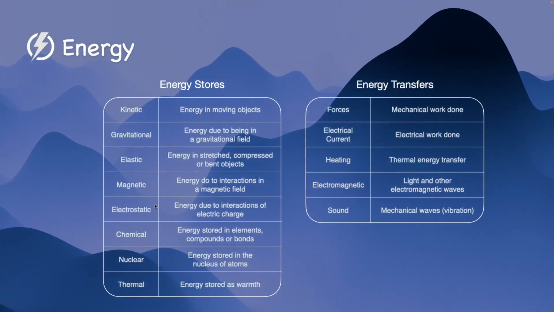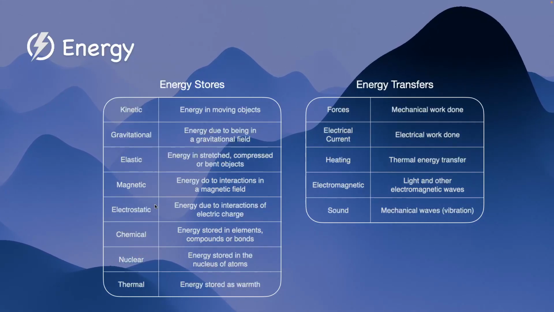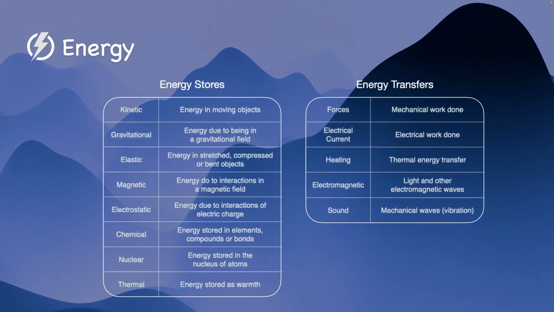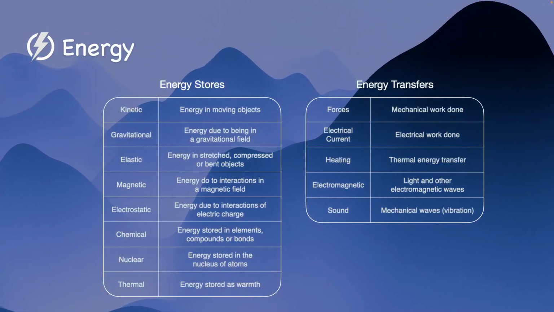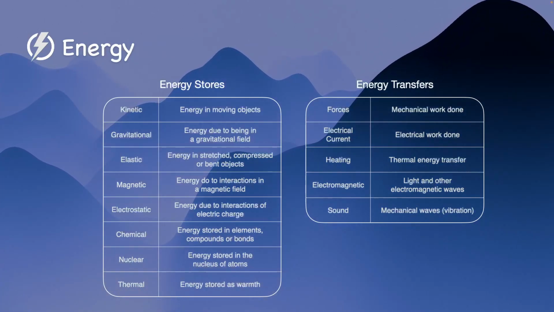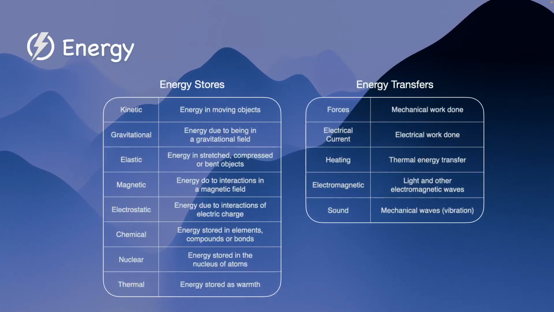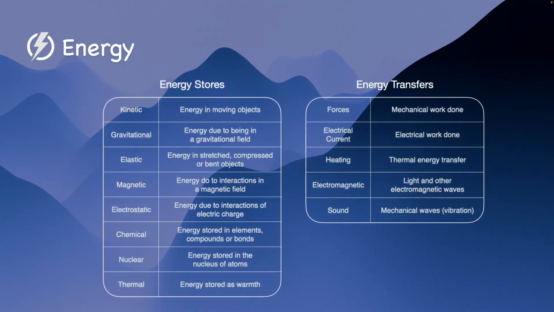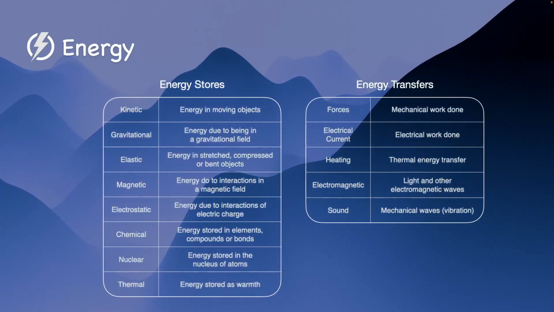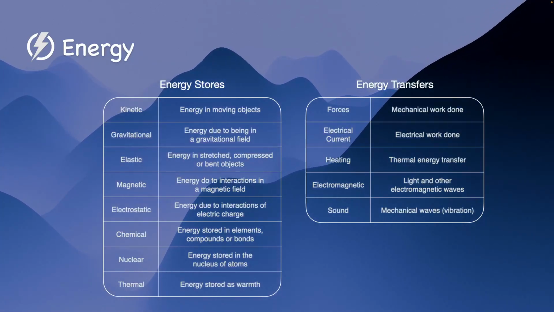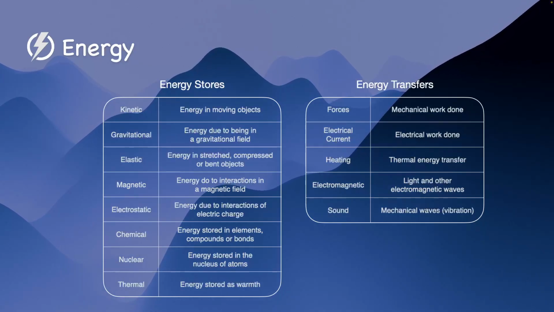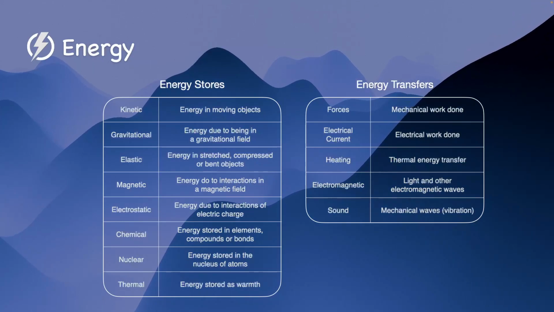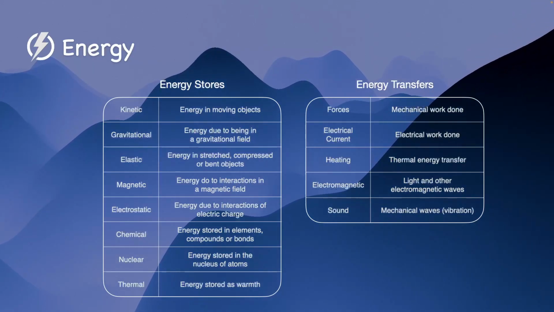Okay, electrostatic energy is the energy due to interactions of electric charge. So for example, if there's an electric field which is emitted by a charged object, and there's another object close to it that is willing to be repelled or attracted because maybe it has the same or different electric charge, those two objects have an electrostatic energy store because they have the potential to move towards or far away from each other.